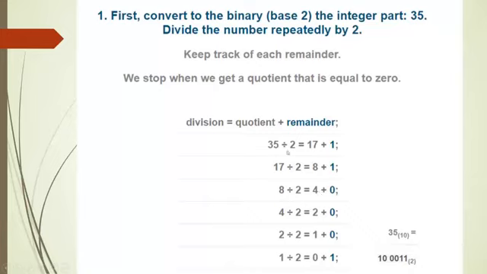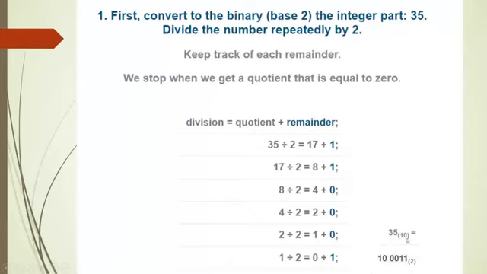It goes on. 35 by 2 is 17 plus 1. 17 divided by 2 is 8 plus 1. 8 divided by 2 is 4 plus 0. So now 35 can be represented by 1 0 0 0 1 1, reading from bottom to up.